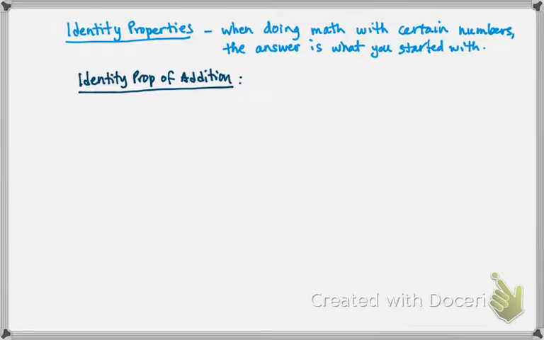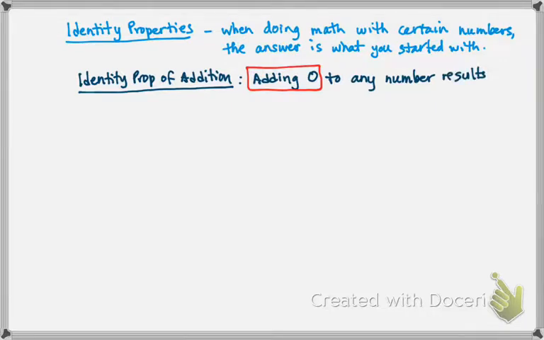So the identity property of addition says this. Adding 0 to any number. So I'm going to put a red box because that's going to be important. And adding 0 to any number results in the given number.